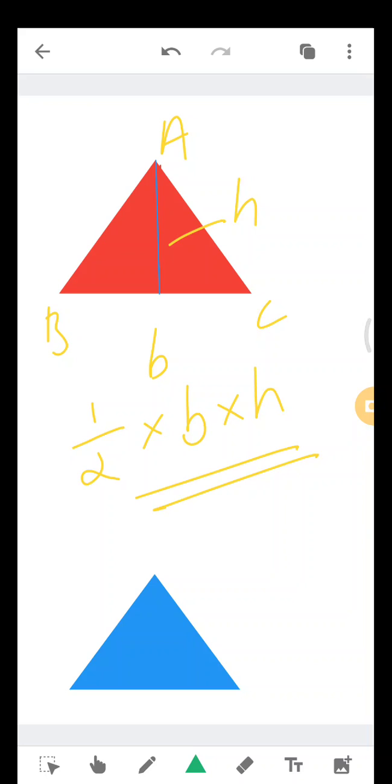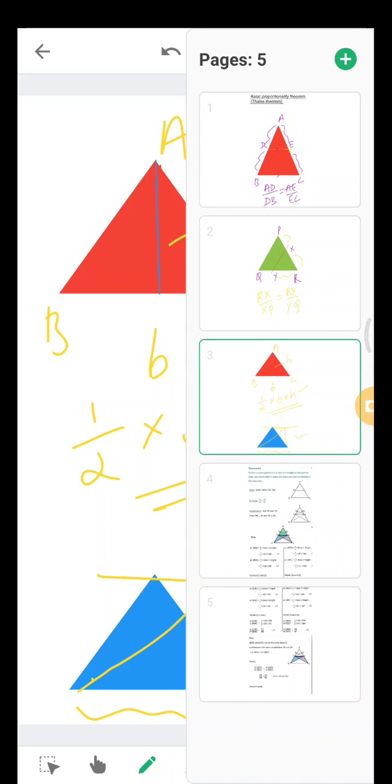If I draw two triangles this way on the same base, this is the same base and between the same parallels, so we used to say that they are equal in area. This was one of the theorems in 9th class. So first, you need to remember the area of a triangle. Second, you need to remember this theorem: triangles on the same base between the same parallels are equal in area.